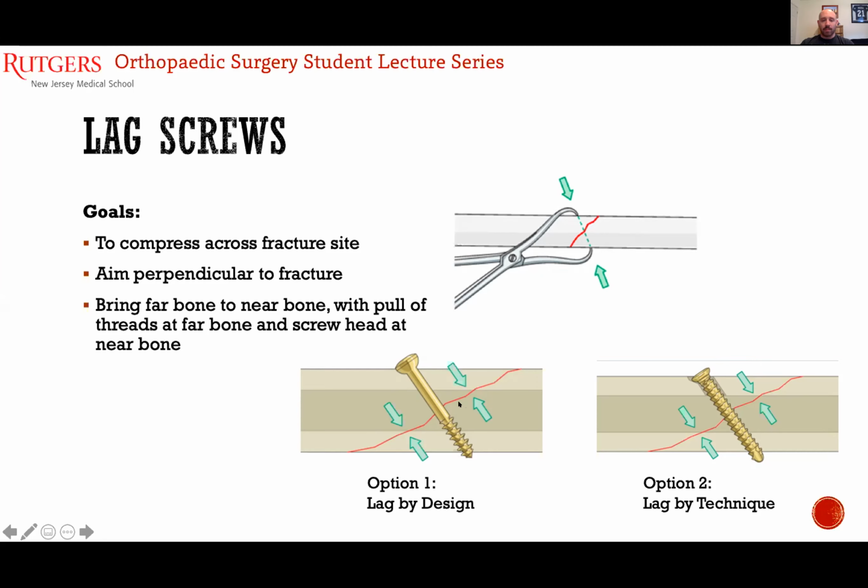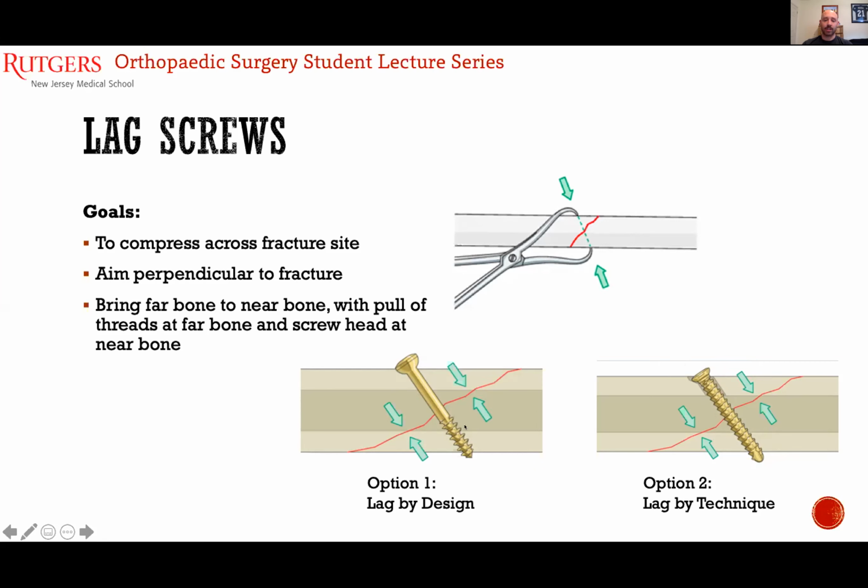And I think Mark brought up this question last week, as in these partially threaded screws come with different amounts of threads. By doing a lag by technique, you can drill up into that fracture site and therefore allow as much thread past the fracture site as you need. With the partially threaded, you're committed to how many threads.